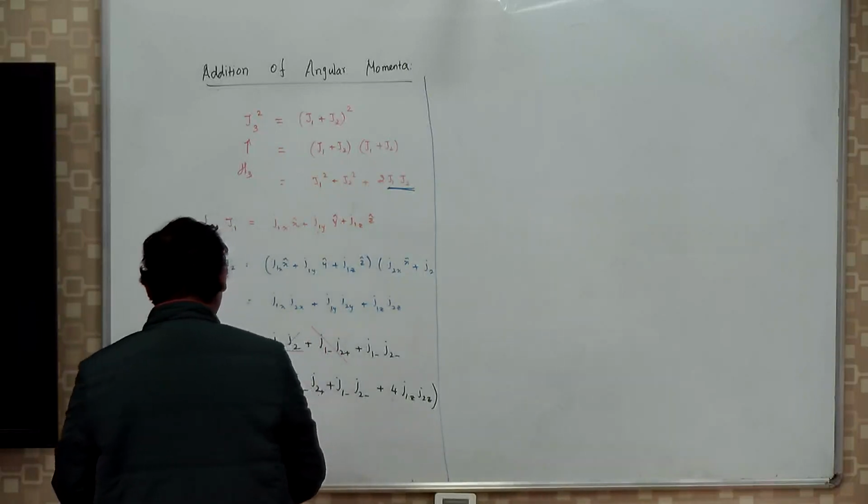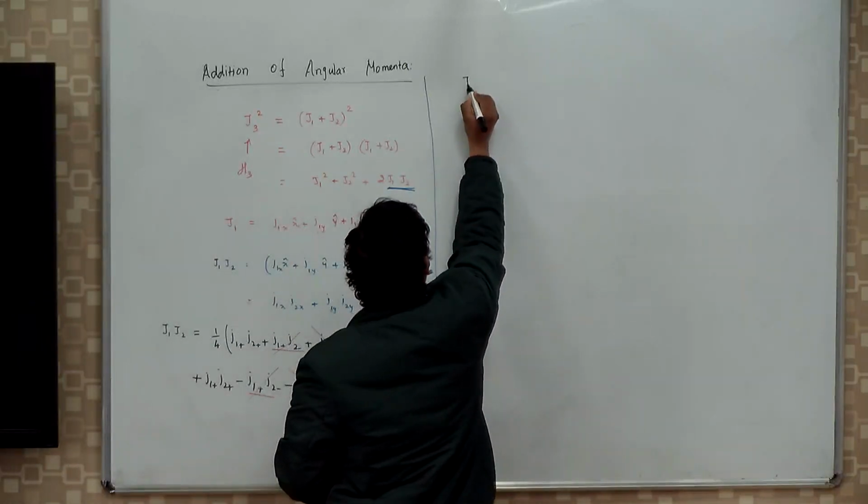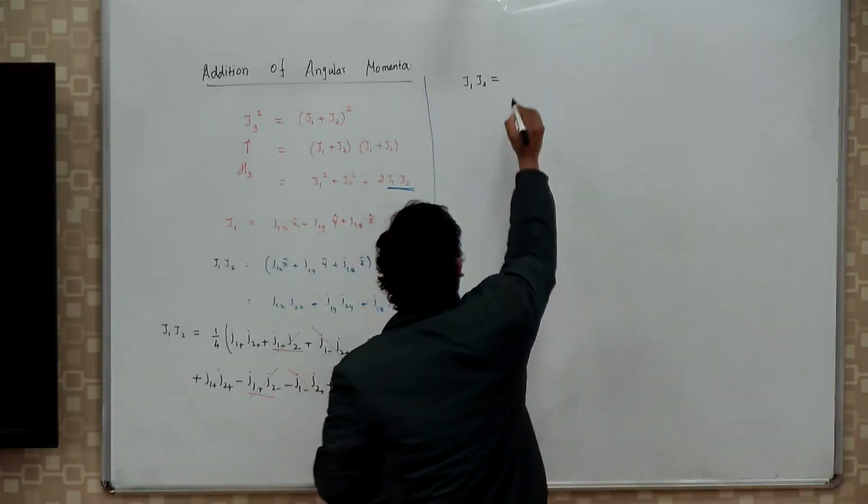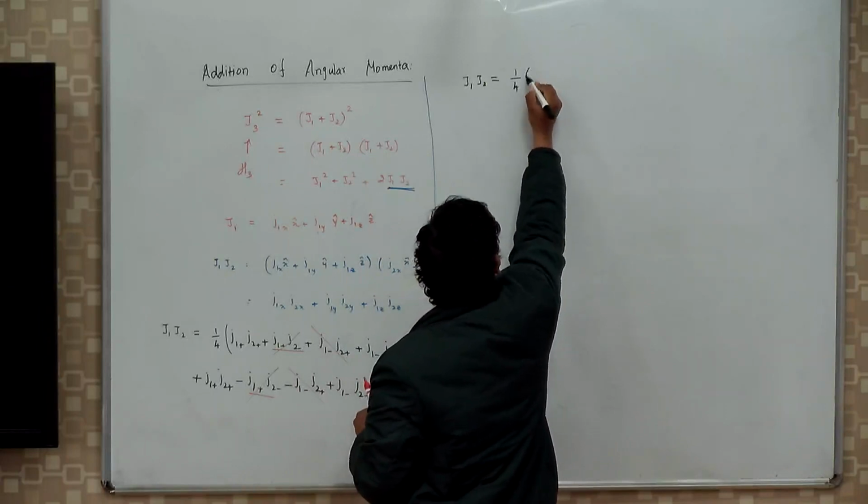Then the remaining terms Z1 Z2, keeping 1 by 4 out.